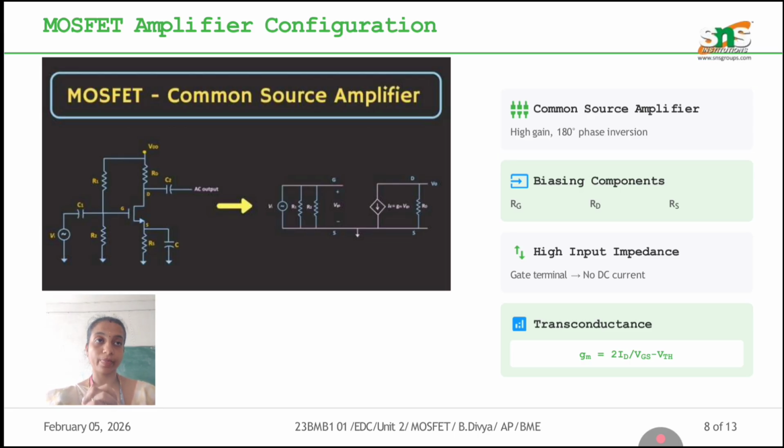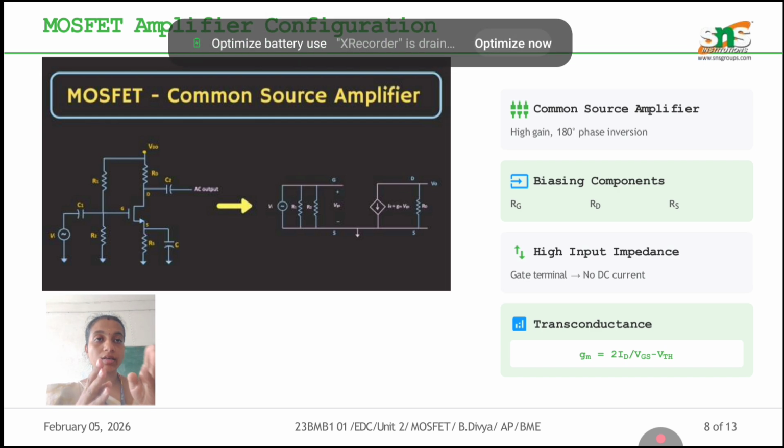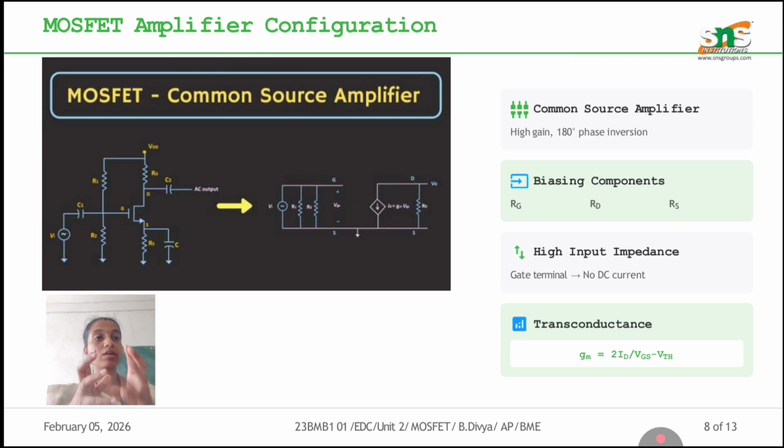In this diagram, we can see that this is a complex structure and it has been replaced with an equivalent structure with the help of H parameters. This equivalent circuit is given on the right side. The common source amplifier has high gain and 180 degree phase inversion.